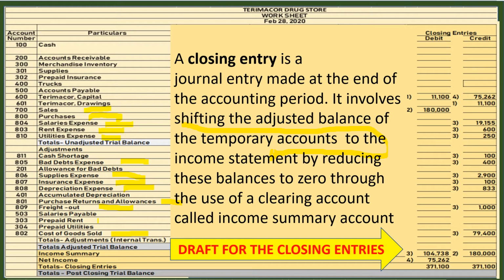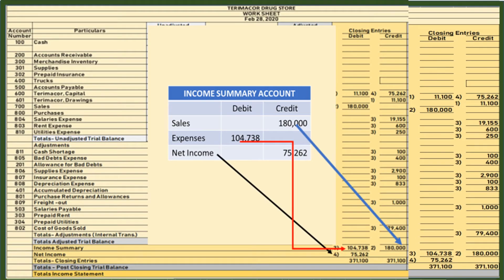After identifying all the revenue and expense items, we're going to reduce them to zero. So how are we going to reduce these items to zero? We're going to use the income summary account. The income summary account will be the clearing account. Clearing accounts are used to record transactions on a temporary basis until it's time to post them to a permanent account.